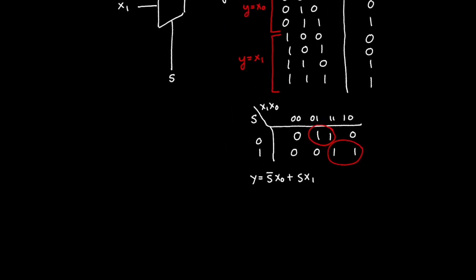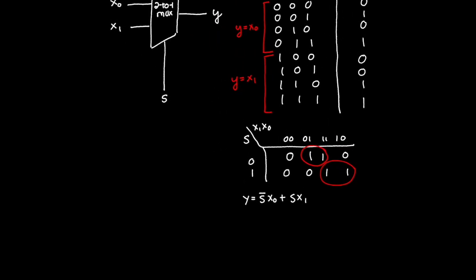Which makes sense because, like we said, when s is equal to 0, the output y is going to be equal to x0, and when s is equal to 1, the output y is going to be equal to x1.